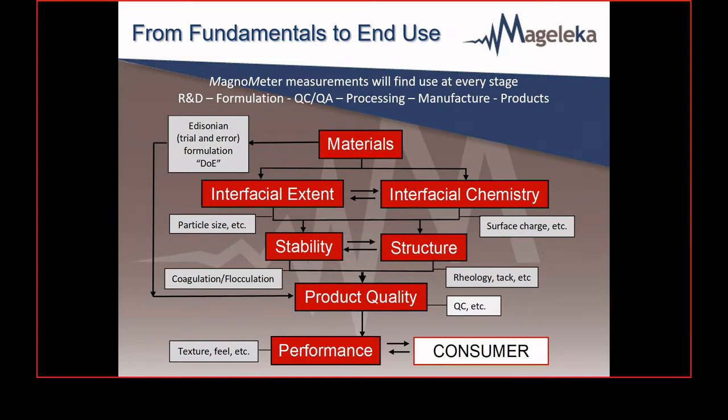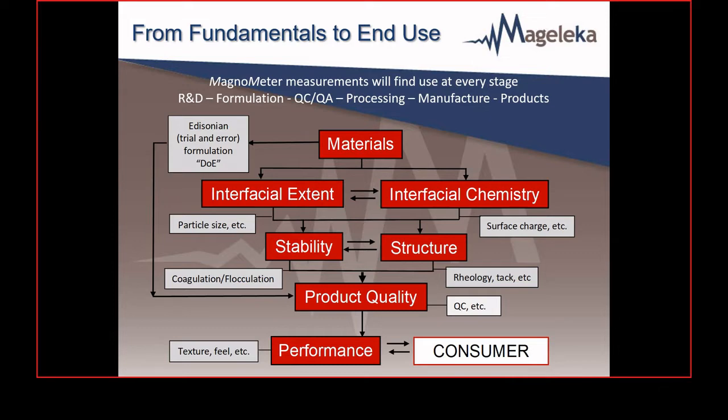Many particulate materials are made or used as suspensions in liquids, and it is this particle-liquid interface, no matter what the particle, no matter what the liquid, that controls product performance. And product performance is defined as what the suspension is designed to do or be used for.